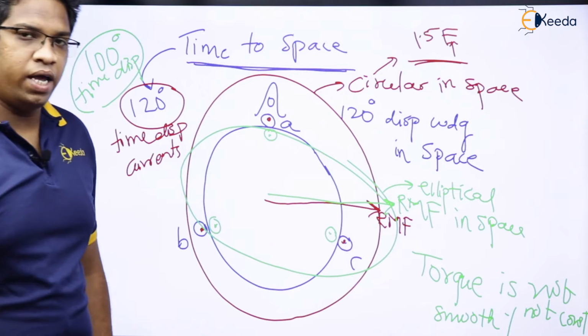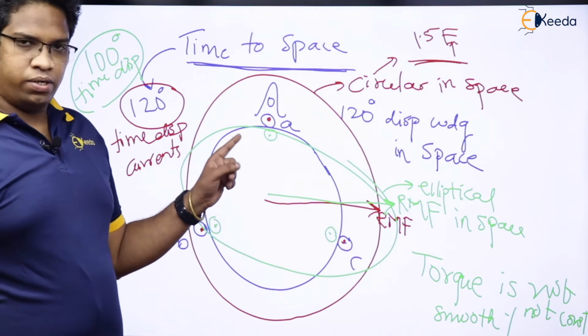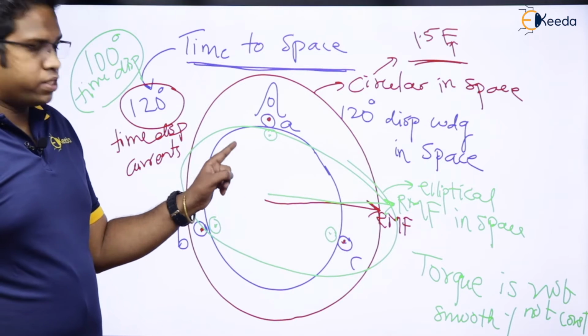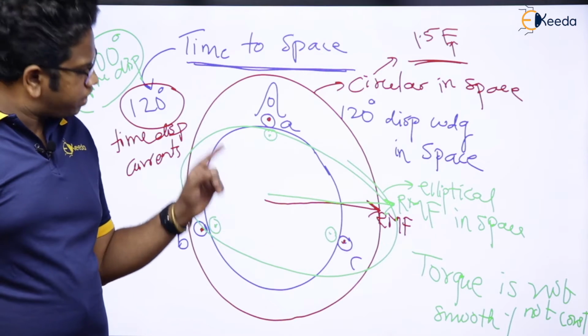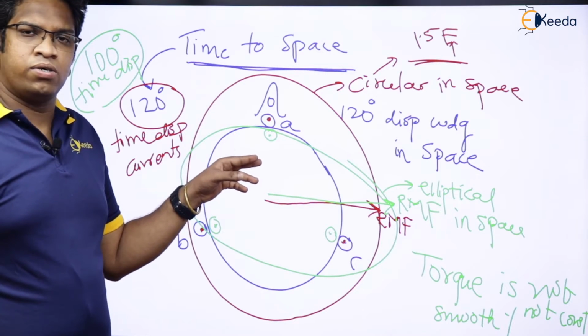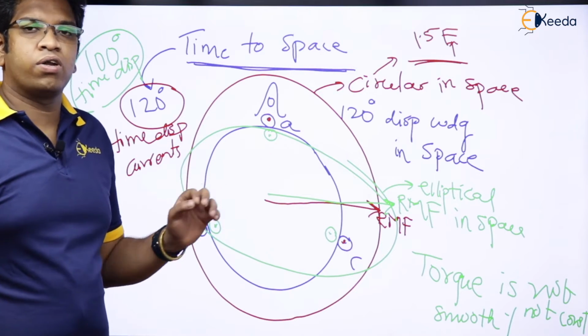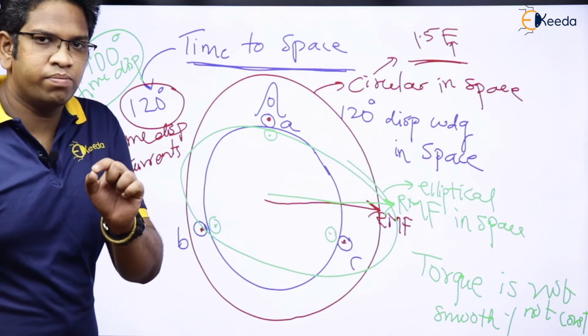Why? Because everywhere, the flux is not constant in space. The moment flux is not constant in space, at some point torque will be more, at some point torque will be less. I hope you are understanding my point.